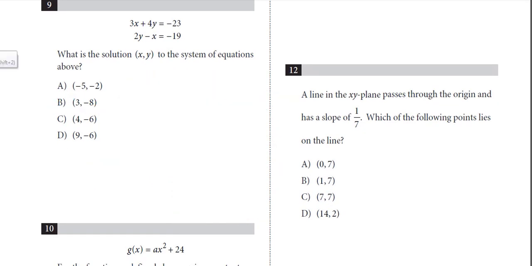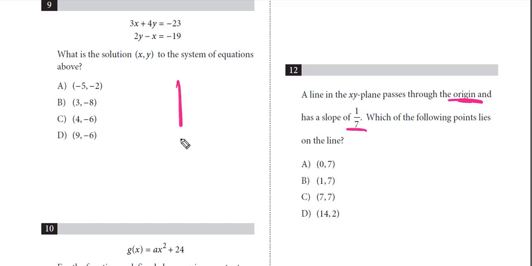In number 12, a line in the xy plane passes through the origin. What does this mean? And it has a slope of 1 over 7. Which of the following points lies on the line?